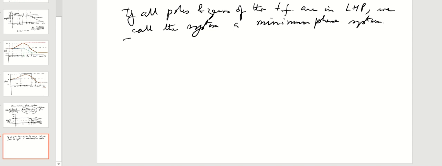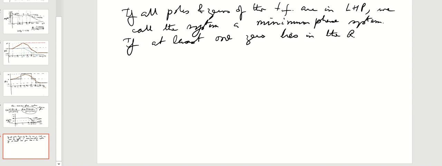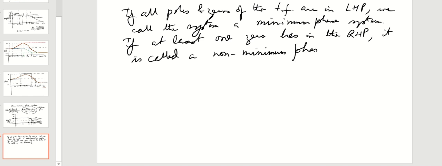Okay, if at least one zero lies in the RHP, it is called a non-minimum phase system.